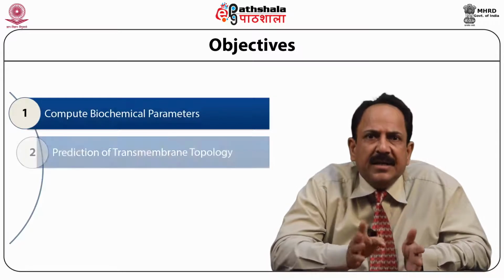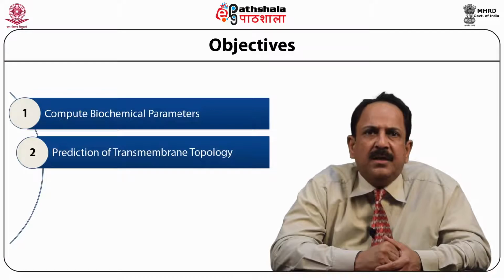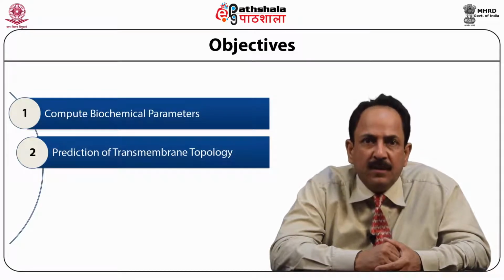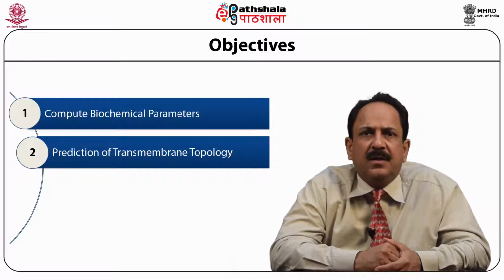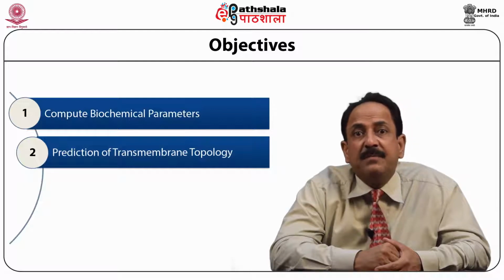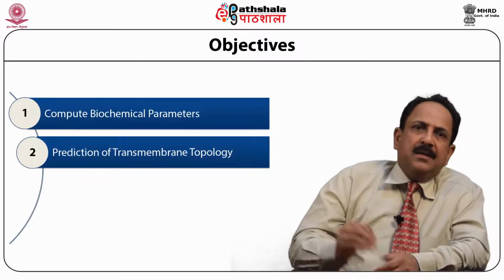In addition, prediction of transmembrane topology, including signal peptide for directing protein to endoplasmic reticulum, is very useful in elucidating protein transport. And prediction of transmembrane helix serves to detect anchoring of proteins in the cell membrane.